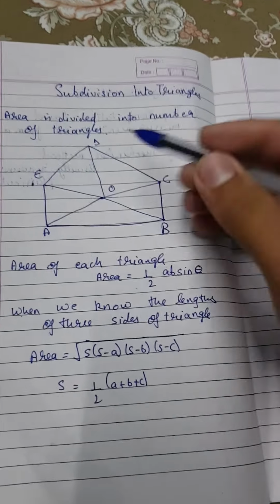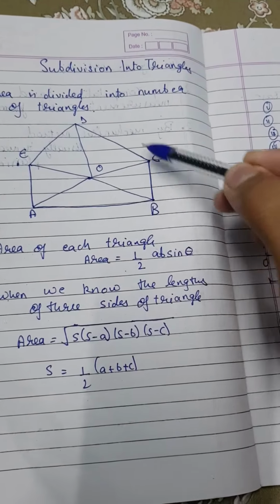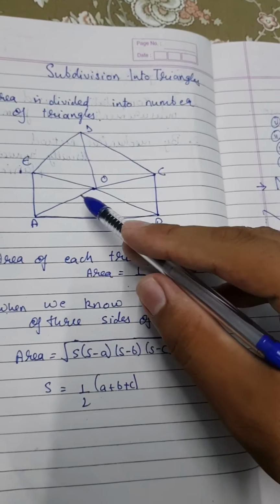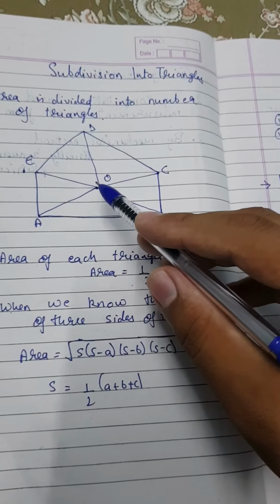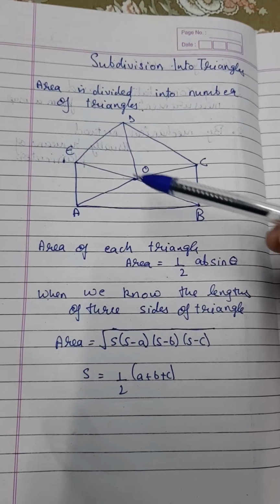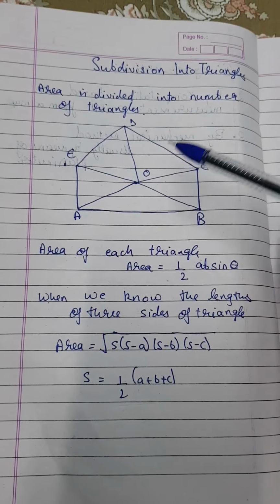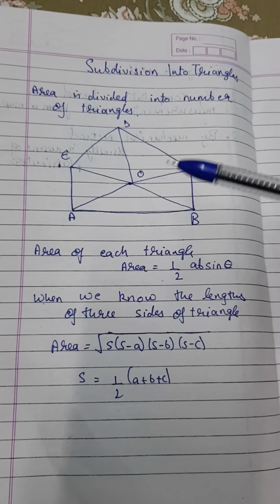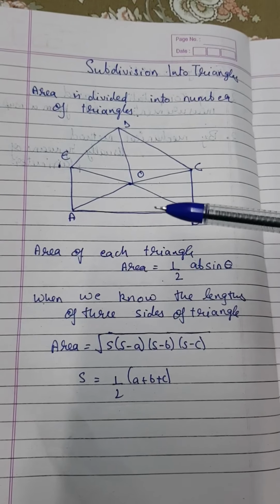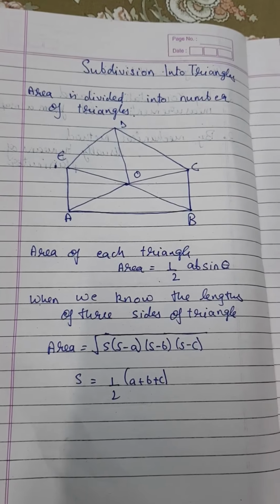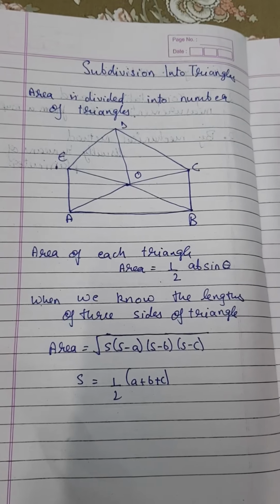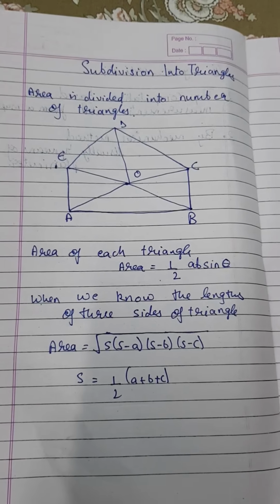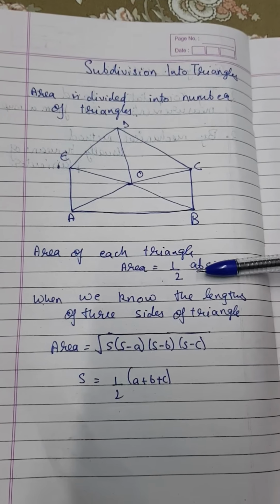Let us take this area that I have divided into triangles. There are 5 triangles in this particular area. The area of each triangle, as we know, is equal to 1/2 ab sine theta, where a and b are the sides, and if the third length is not given, then we will use this formula.